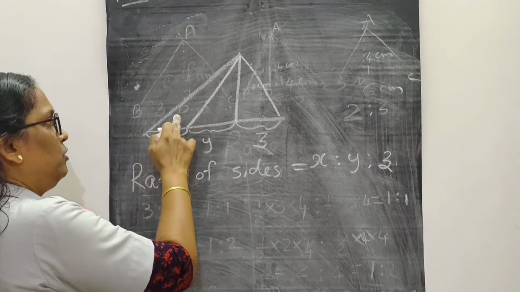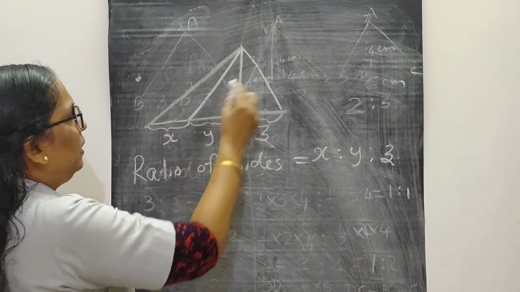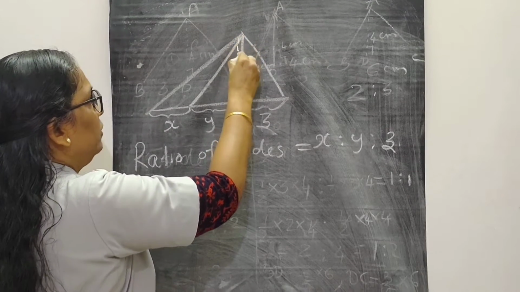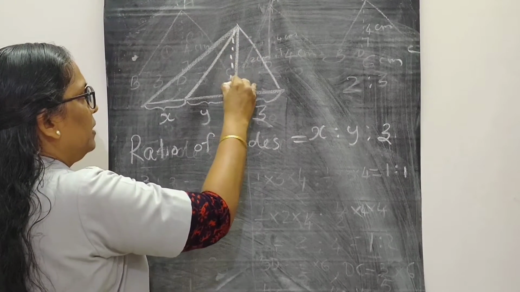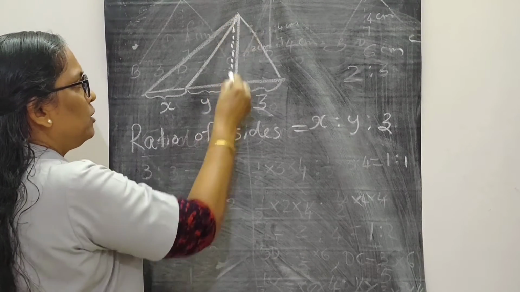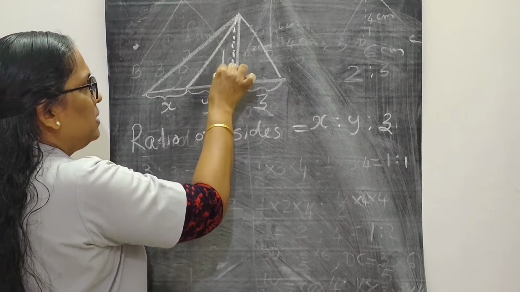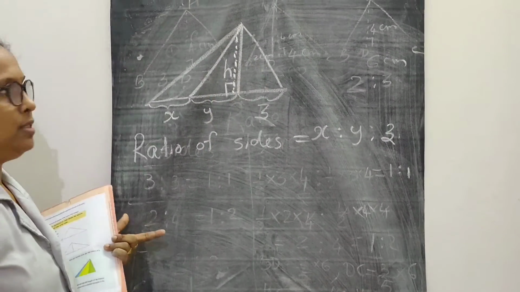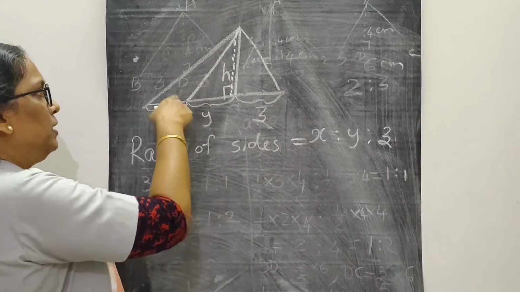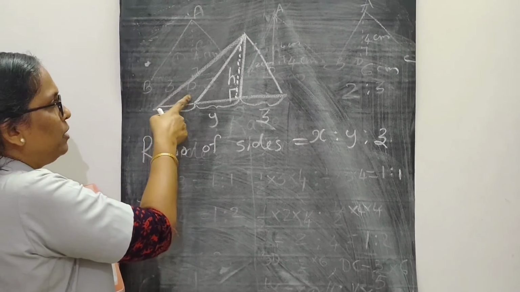Then for this, first we can find the area of these three triangles. See, let us take the height of the triangle. You draw a perpendicular from the vertex to the base, and we can mark the height as h. This is the height of this triangle. If we consider the first triangle, what will be its area? This is the first triangle.